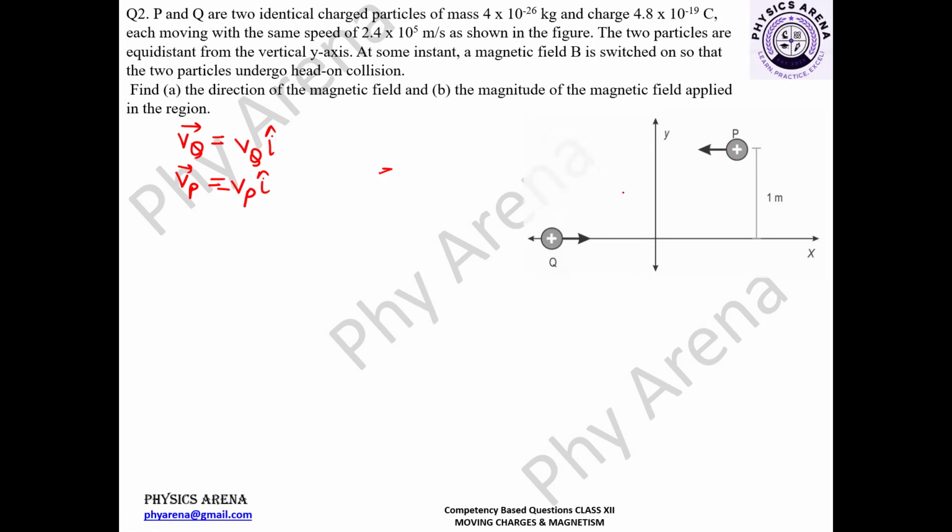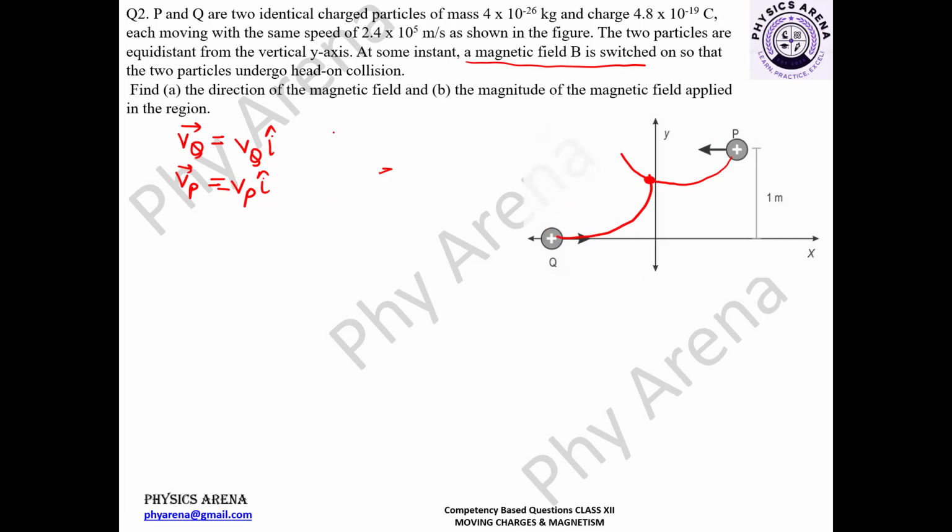And when they are moving, a magnetic field is switched on such that the two particles undergo head-on collision. It means as soon as the magnetic field is switched on, a force is applied on both of them, and charge particle P has started moving along this trajectory, and charge particle Q has started moving along this trajectory, and they may have a head-on collision somewhere at this point.